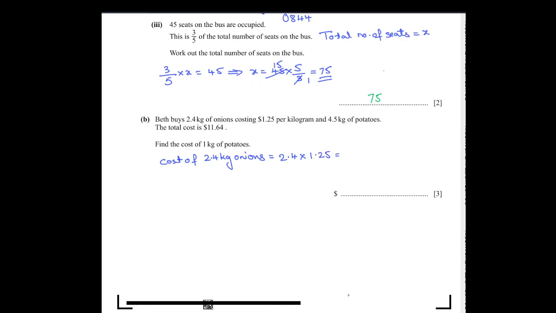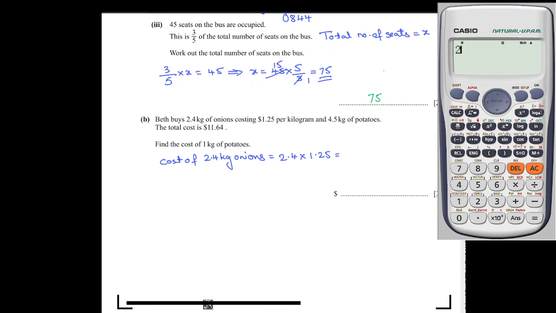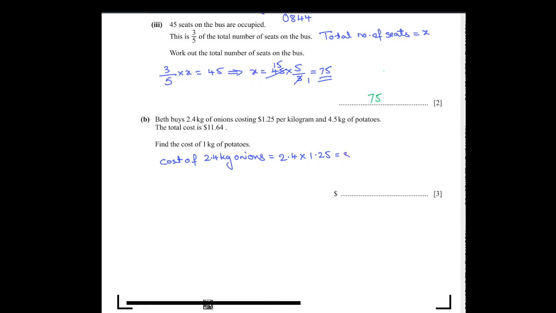Find out. 2.4 into 1.25 is 3. So that means $3. Cost of onions was $3.